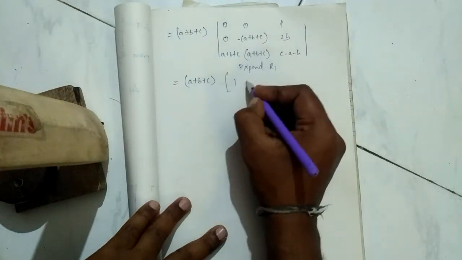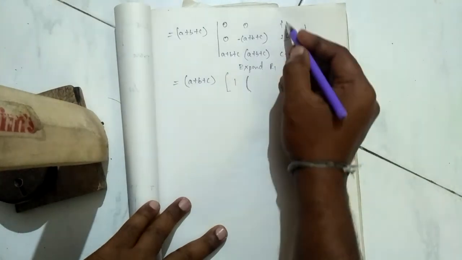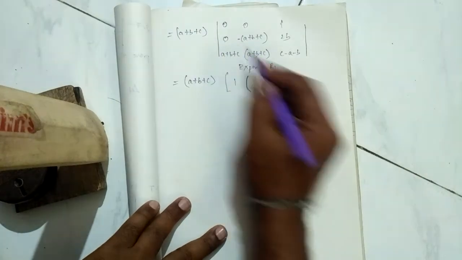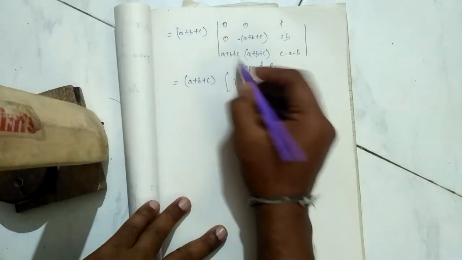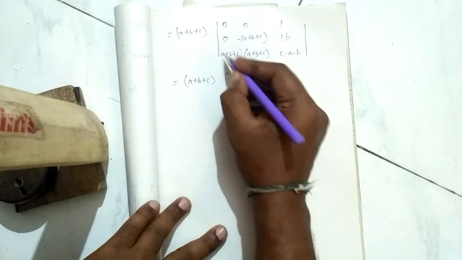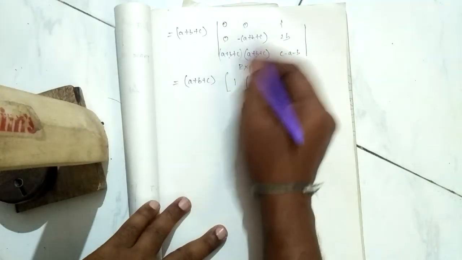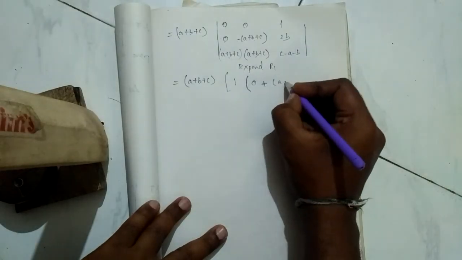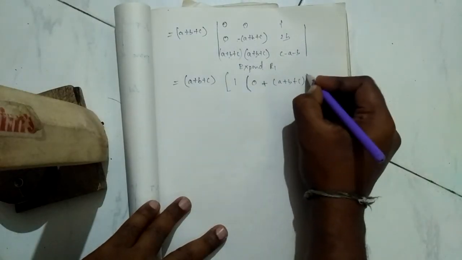So open a bracket, 1 into, 1 lies in this column and this row, so do cross multiplication, 0 minus, do this cross multiplication, it will be the same element. This way multiplication, already minus is there, one more minus is there, so it will become plus A plus B plus C the whole square.